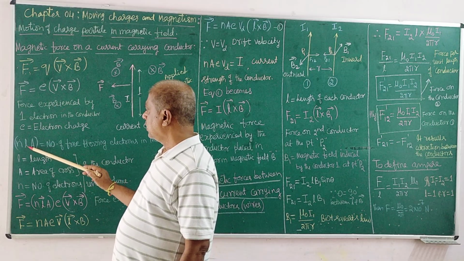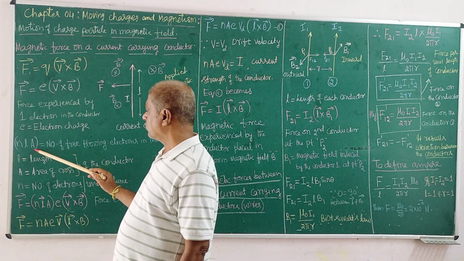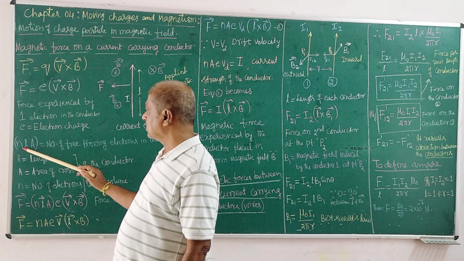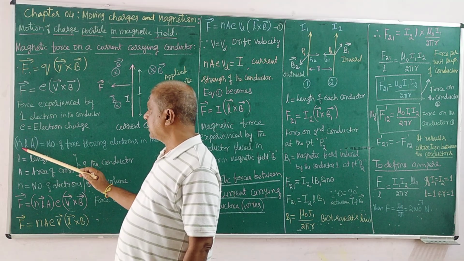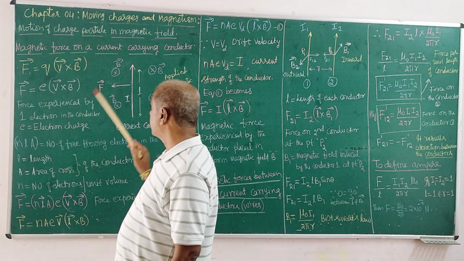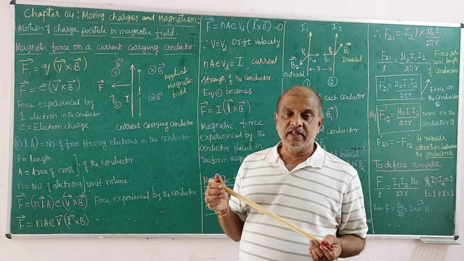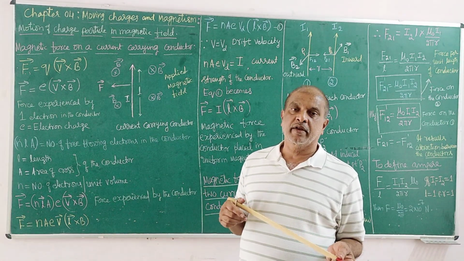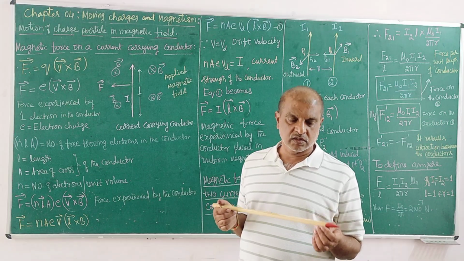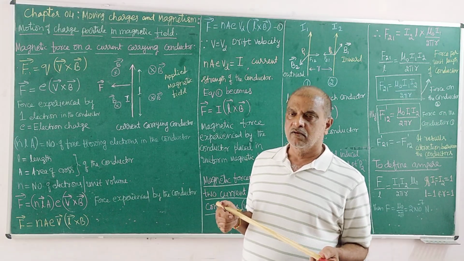N into L into A. Here n is the number of free electrons in unit volume of the conductor. Free electrons are the ones which cause the flow of current.